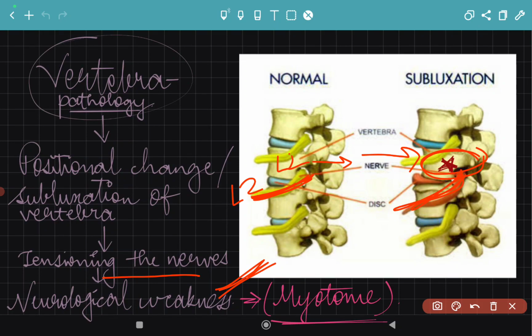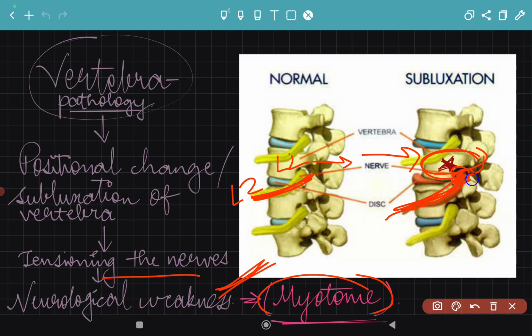So whatever muscles of the body this L2 nerve root supplies, that will cause weakness of that particular muscle. So the patient will have a problem in performing that particular movement. To understand that, we need to know myotomes, that is, which muscle is supplied by which nerve root.